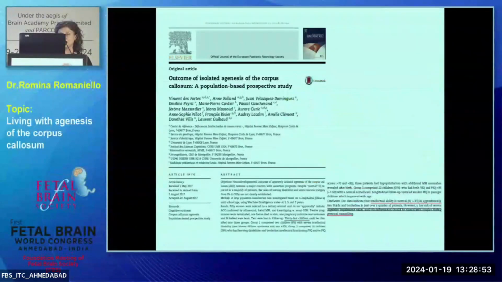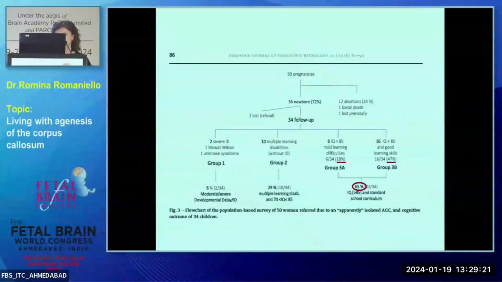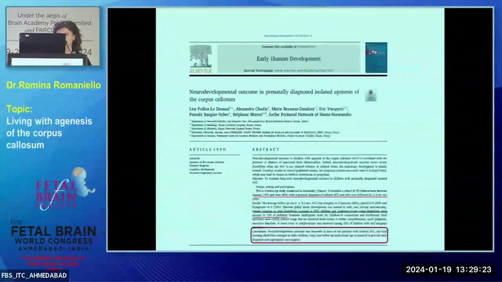This study also confirmed that intellectual abilities can be normal, with IQ above 85, in approximately 2/3 of patients, borderline in just over a quarter of patients, but a low risk of severe cognitive impairment exists, and this information should be shared with couples during prenatal counseling. These are the data. And the study of Le Folio Le Dussal also confirmed this data.